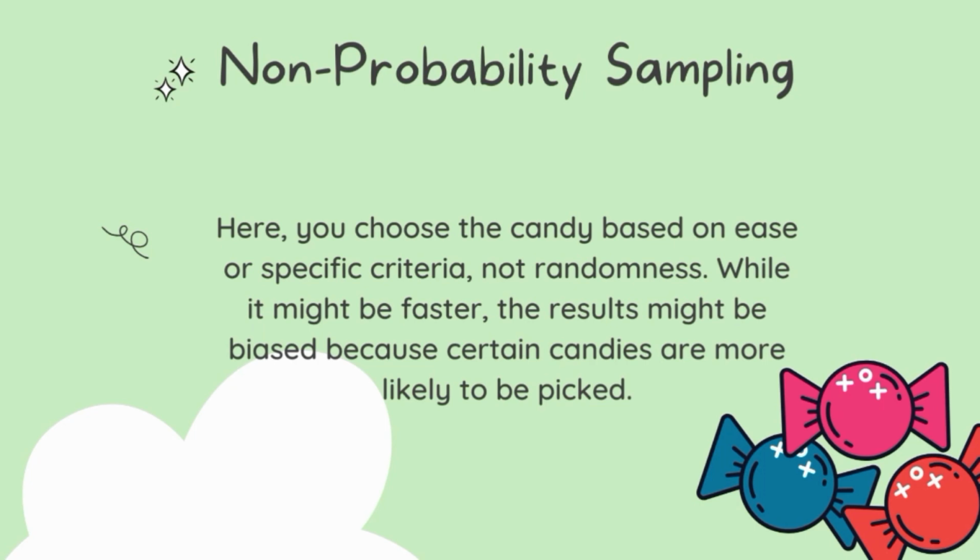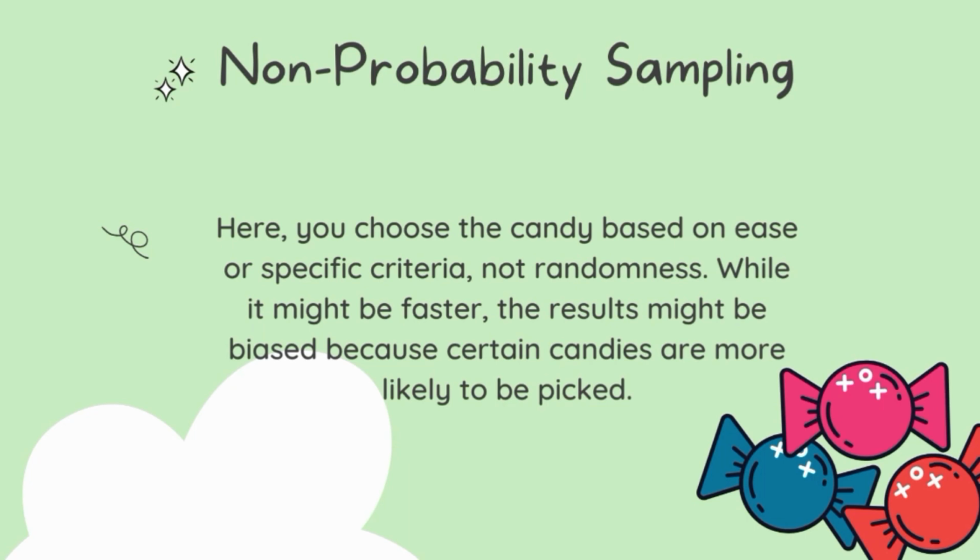Here there is no randomness. The candies or samples from the population are chosen based on ease or any specific criteria or characteristics. While it might be faster, the results might be biased because certain candies are more likely to be picked.